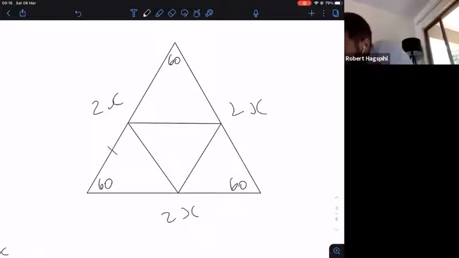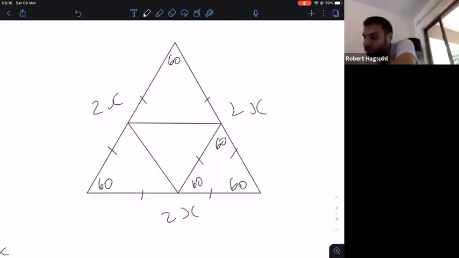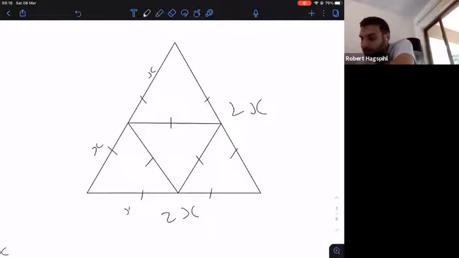If I go split it in half, that makes this an isosceles triangle, and this is also going to be 60 and 60, and so all of the triangles on the inside are also equilateral triangles. All right, and so if the whole length is 2x, then this is x, this is x, and so on, each of these is x.